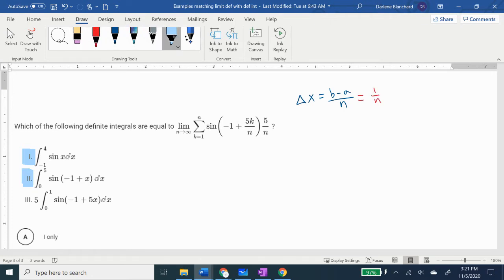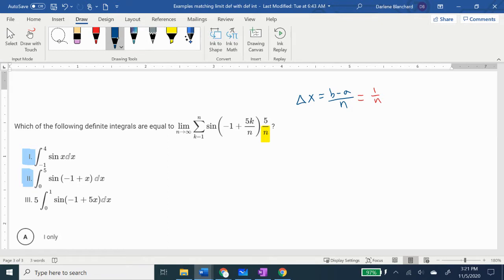If we make it 1 over n, then only this over n part, with a times 1, is the delta x.